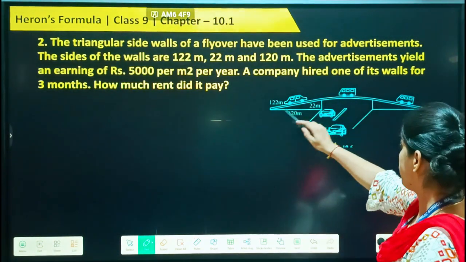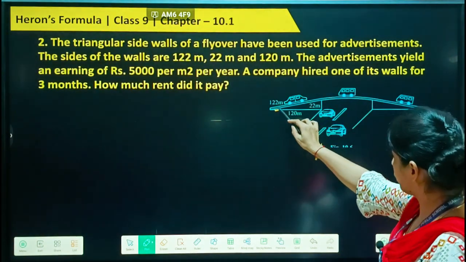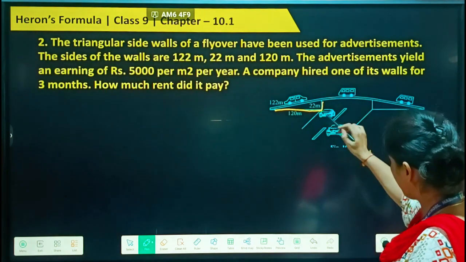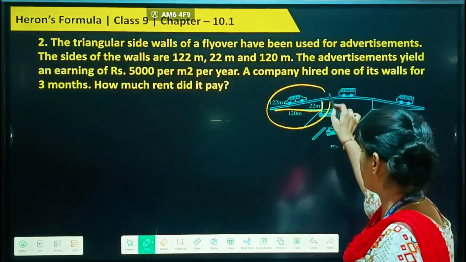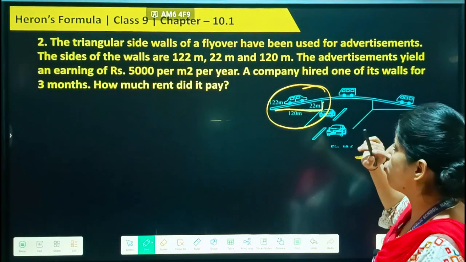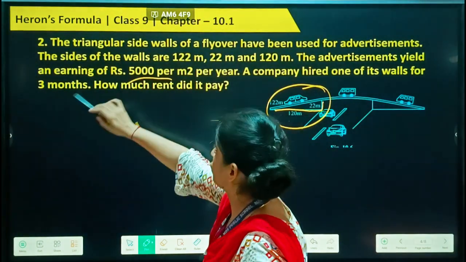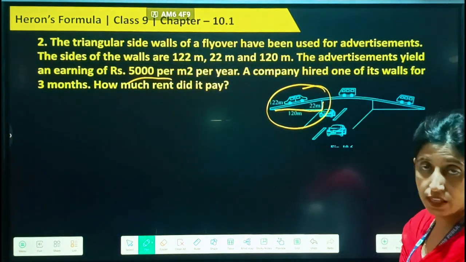देखो, this is the flyover. You know that flyover, this flyover downside, this is given like this, है ना? That is the shape of a triangle. So first we have to find the area of this triangle and then multiply this by 5,000, because it is 5,000 rupees per meter square.